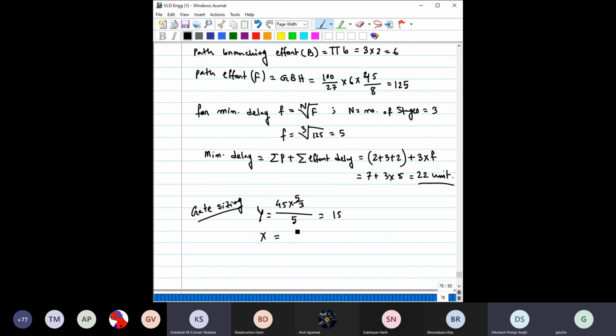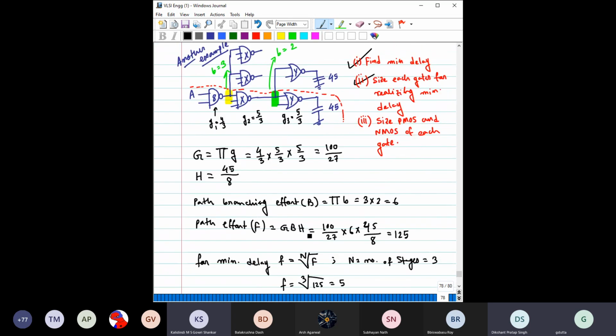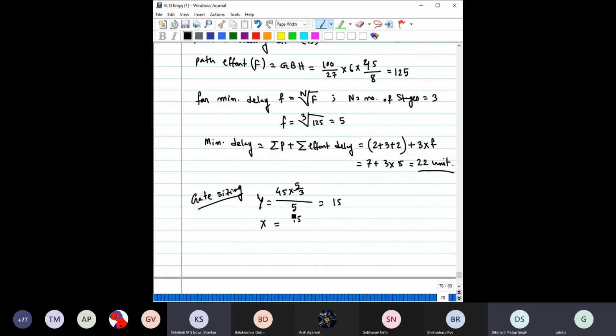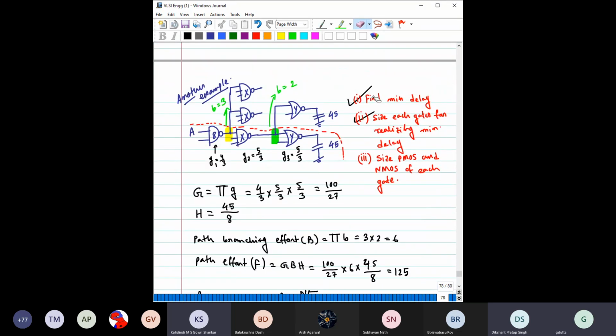Then you have to find the value of X. Yes, this 15, because it is driving a gate whose size is 15. So here is something interesting. For this gate, shouldn't it be 30? We know the value of y, but this gate is actually driving two of these gates.